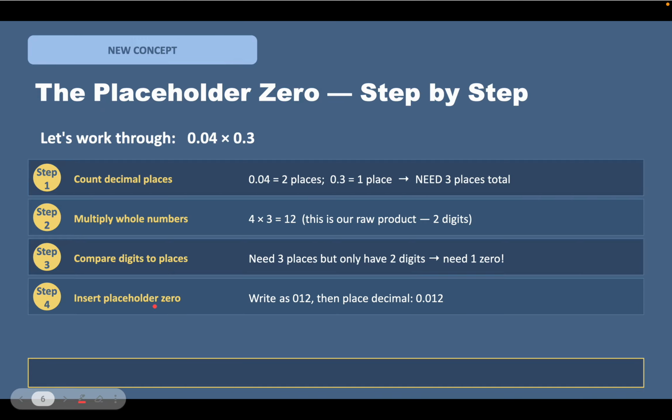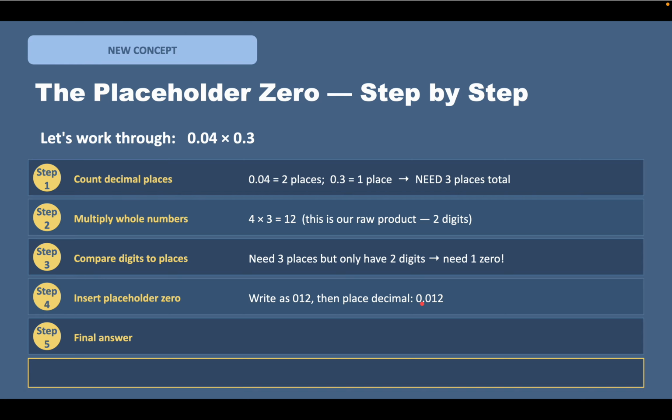So we're going to insert a placeholder 0. We're going to rewrite that 12 as 0, 1, 2, adding 1 placeholder 0, and then we can place the decimal point. So then our final answer is 0.012, or 12 thousandths.